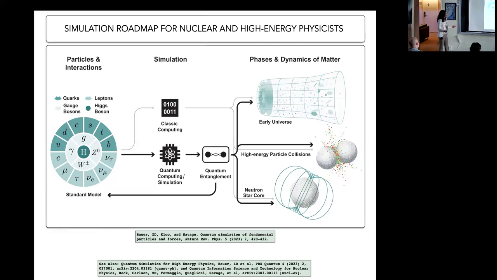Eventually we see some asymptotic particles that come out to the detectors, and we analyze them and understand something about the underlying interactions. This is how we discovered the standard model of particle physics itself, but we know that there is more. That's why we're continuing to build these colliders.